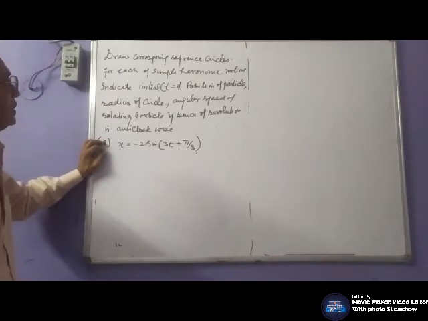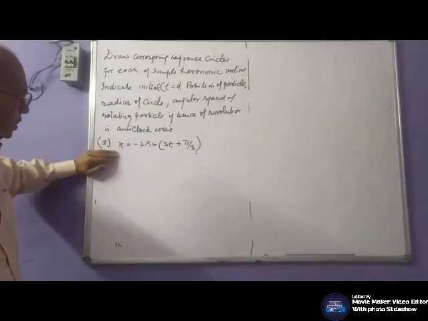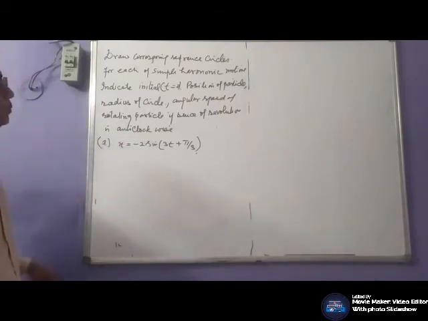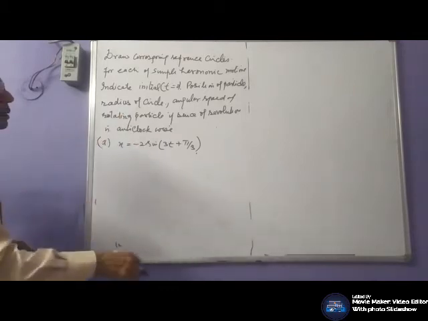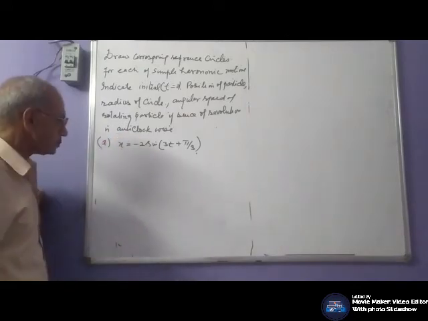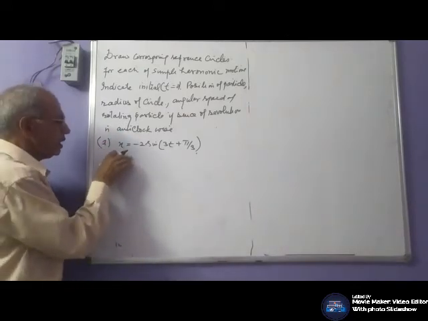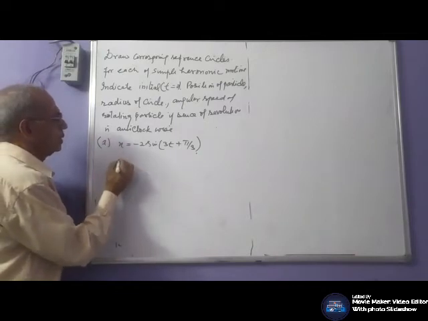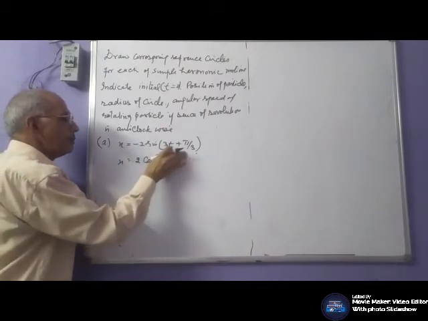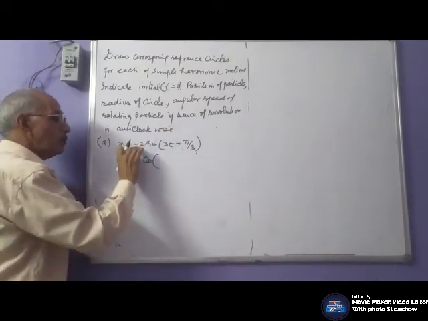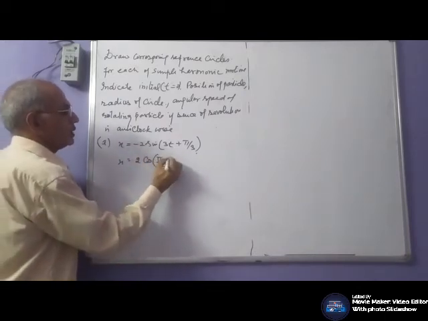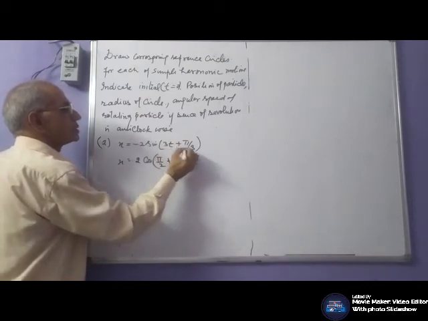Draw corresponding reference circle for each of simple harmonic motion. ये फर्स्ट केस लिया है, सेकंड बाद मिलेंगे, पहले फर्स्ट को सॉल्व करेंगे. क्या क्या हमने रेफरेंस सर्कल प्लॉट करना है. इसका x है तो cos में बदलना पड़ेगा. x equals 2 cos, 90 plus theta is minus sine theta, so 90 plus theta, this is theta.